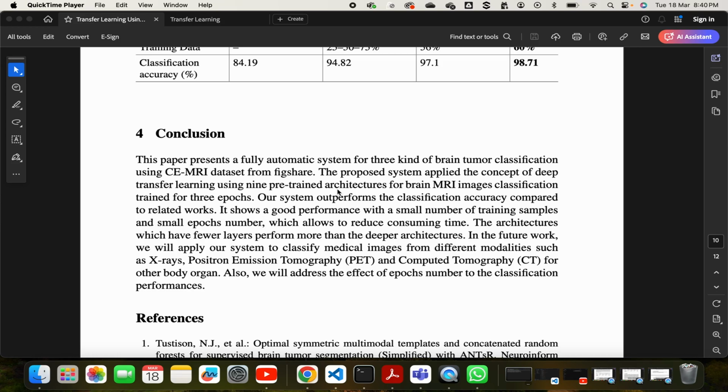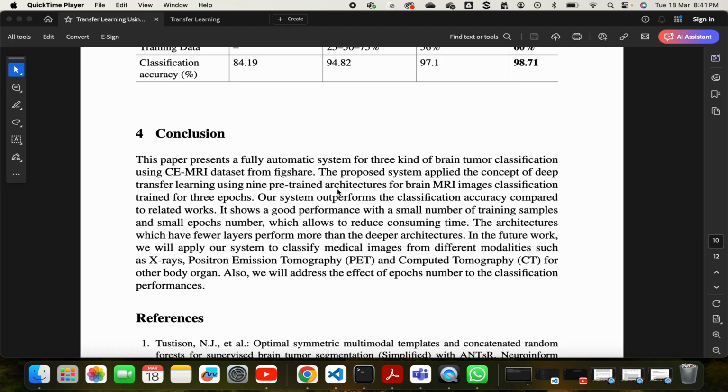Coming to the last part of this research paper, the conclusion and future work. This study presents an automated system for brain tumor classification using contrast enhanced MRI images, and this system applies transfer learning with 9 pre-trained CNN architectures, achieving high classification accuracy even with a small dataset and fewer training epochs.